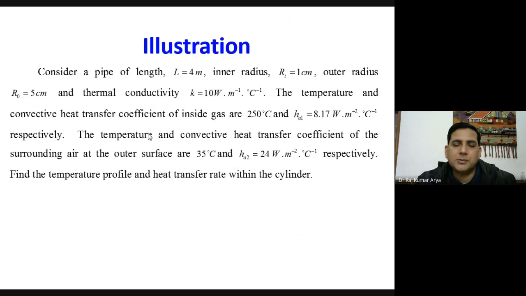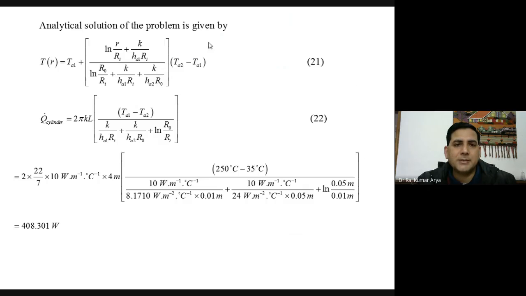We want to generate the temperature profile for this by taking all these conditions. This is the expression for the analytical temperature. I hope you would be able to derive it. You people should try to do the derivation here, as we did for the previous one.